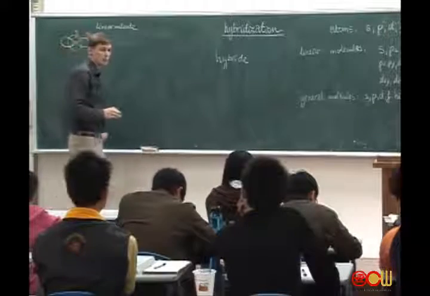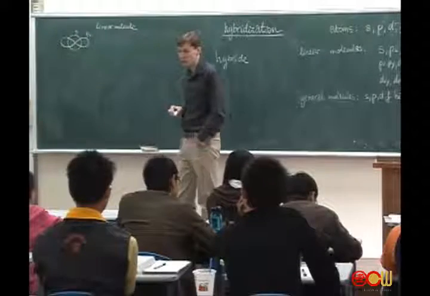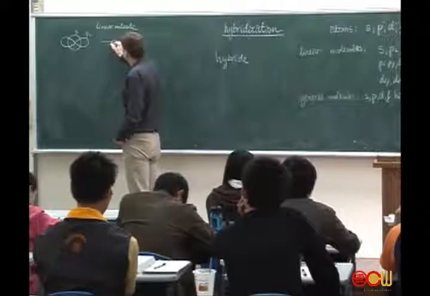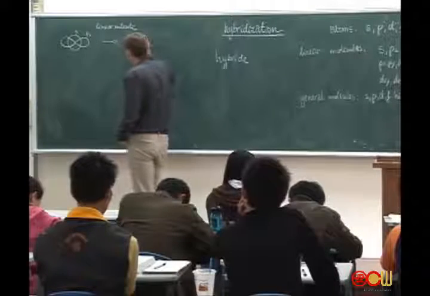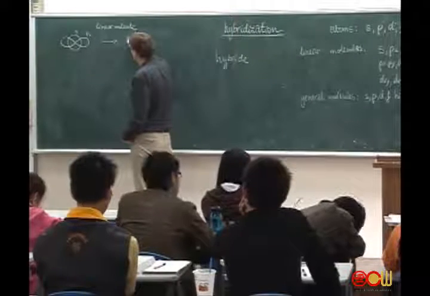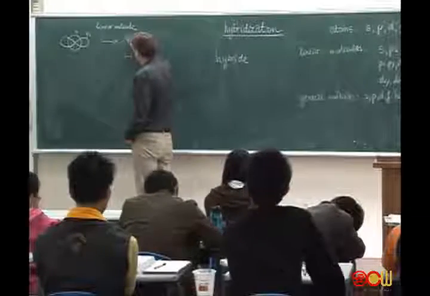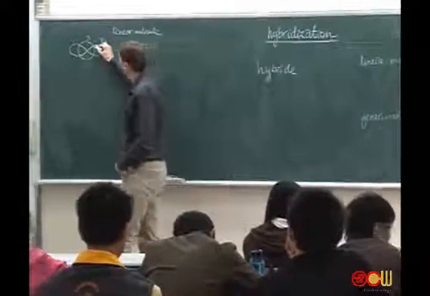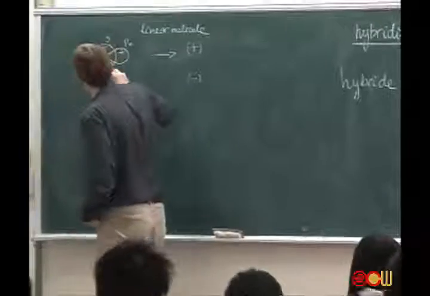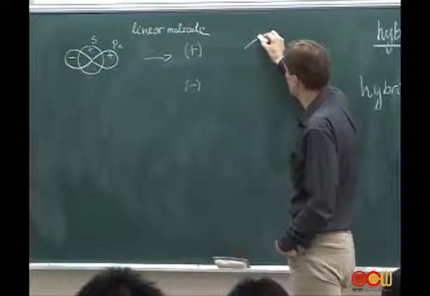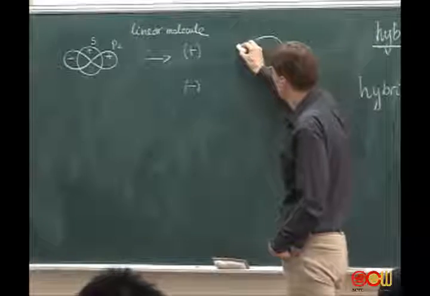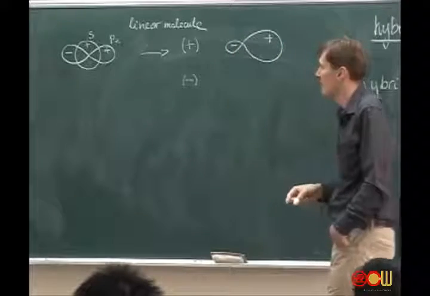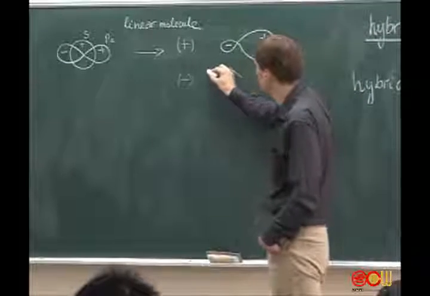Let's take a linear molecule with the s orbital and pz orbital. Now, for one atom, I can make two linear combinations. Inside one atom, remember, this is a difference: the linear combination with the plus sign and the linear combination with the minus sign. In the first case, when I have plus sign here, the linear combination with the plus sign will look something like that. In the other case, with the minus sign, the linear combination would look something like this.